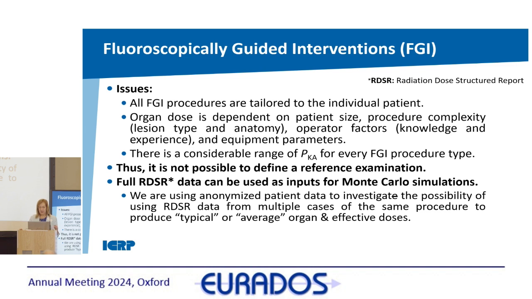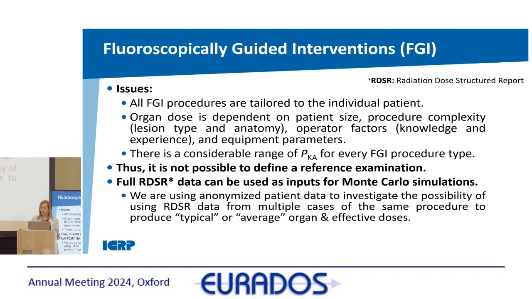So I'm moving now to fluoroscopically guided interventions. For FGI procedures, all FGI procedures are tailored to the individual patient. And therefore the organ dose is dependent on patient size, procedure complexity, operator factors, and equipment parameters.